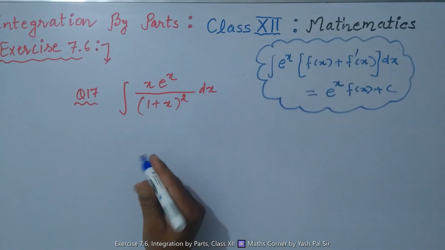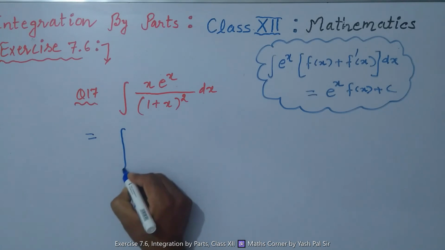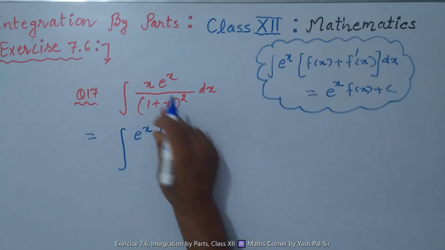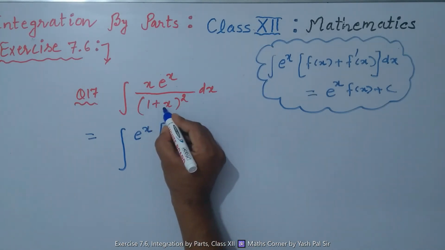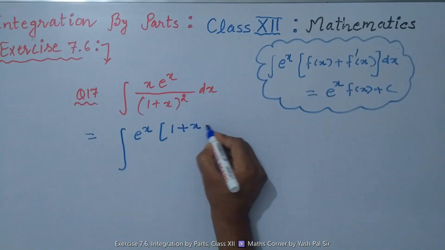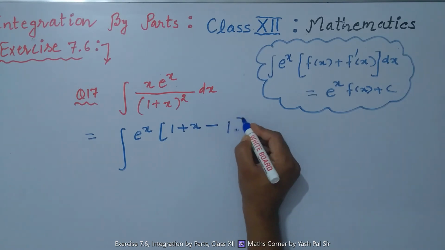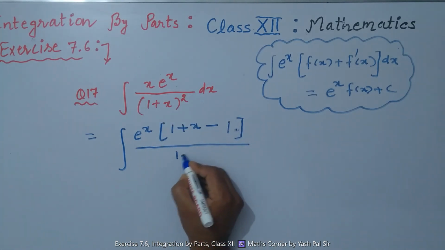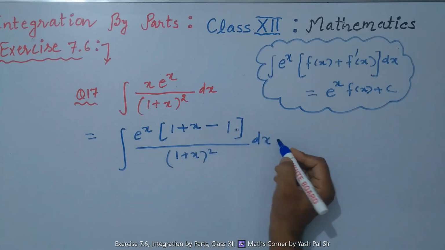So how to convert? First of all, writing e raised to power x outside, we are left with x. According to the denominator, we put here 1 plus x, and then subtracting this 1, we are left with, in the denominator, 1 plus x whole square into dx.